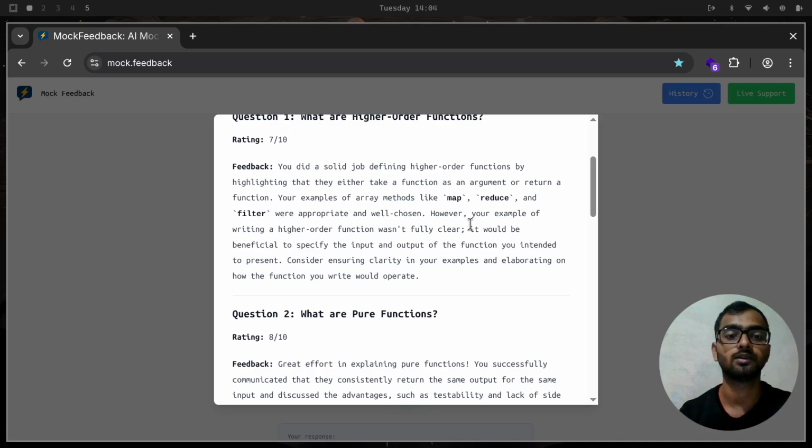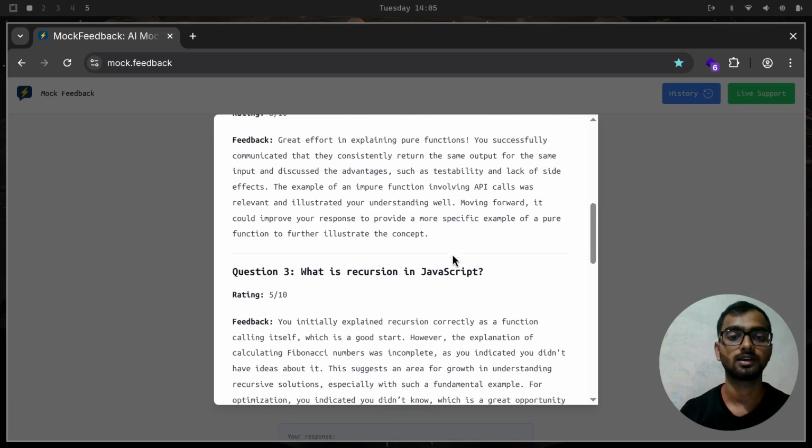It would be beneficial to specify the input and output of the function you intended to present. Consider ensuring clarity in your examples and elaborating on how the function you write would operate. So I also need to work on higher order functions by using examples.